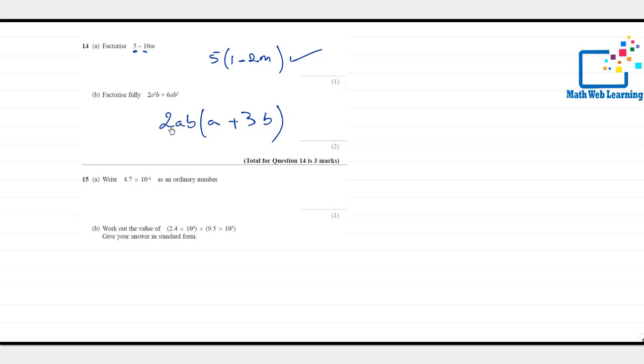So we multiply this by this, 2ab times a will give you 2a squared b, a times a gives you a squared, plus 2ab times 3b will give you 6ab squared. So it is correct. That's how you do it.